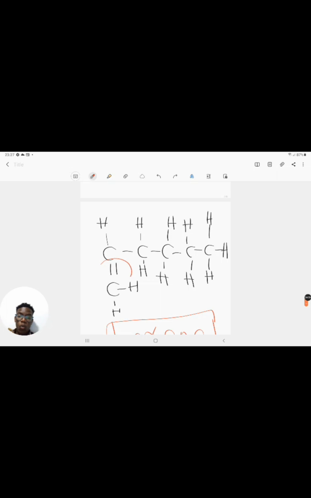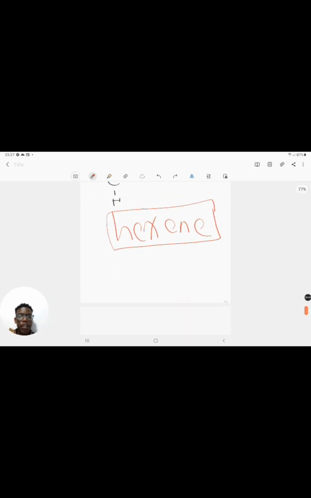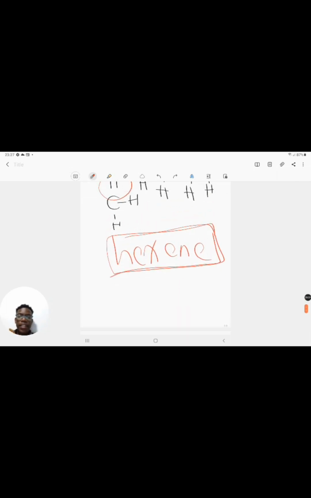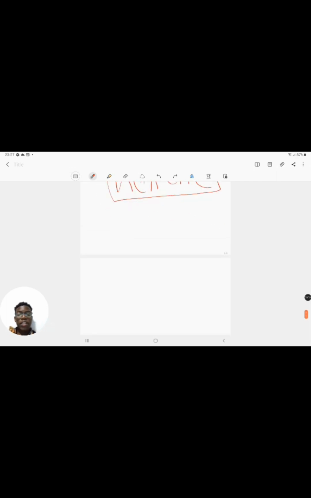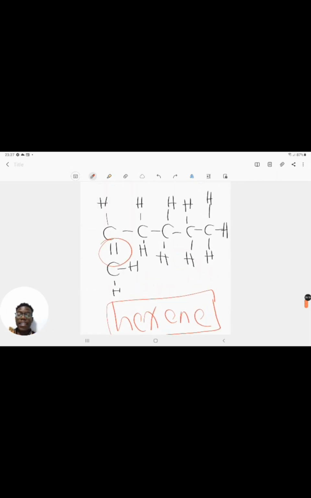In order to establish where exactly along this chain this double bond is, we've got to add something to this hexene. This is still hexene, make no mistake, but we've got to distinguish the difference between a hexene that has a double bond here, or there, or there, or there.